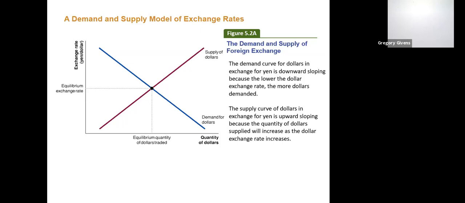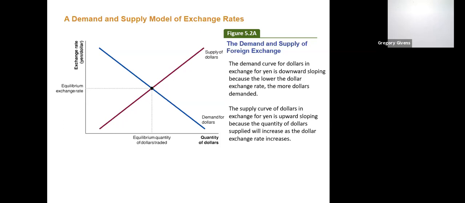So we have suppliers of dollars, that's us, competing over scarce buyers of dollars. That's foreign consumers and foreign investors. So we have a surplus of dollars in the foreign exchange market. And so what's going to happen? The exchange rate or the price is going to be bid down until supply balances demand.